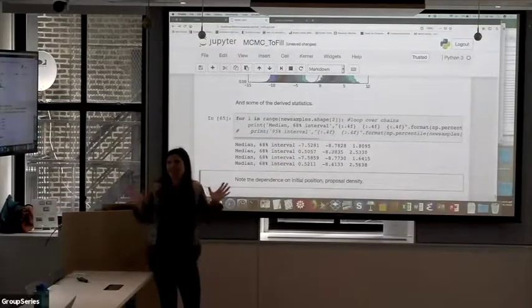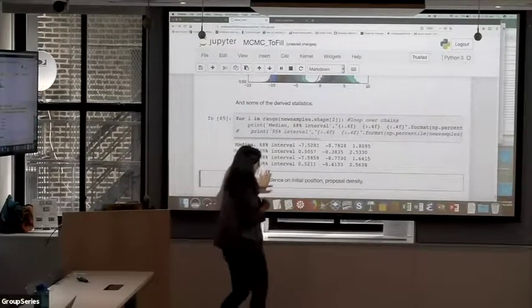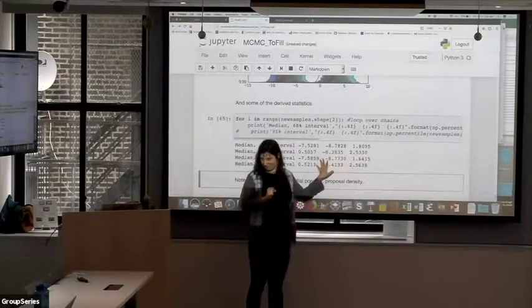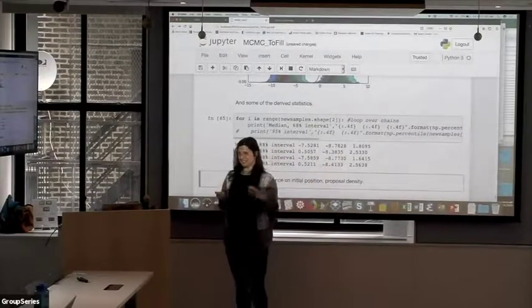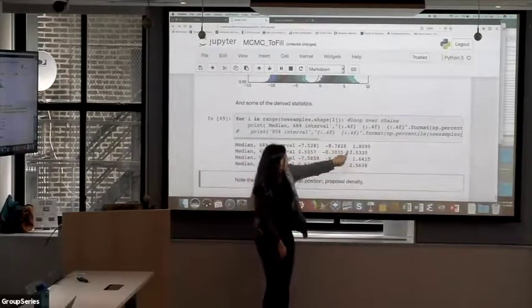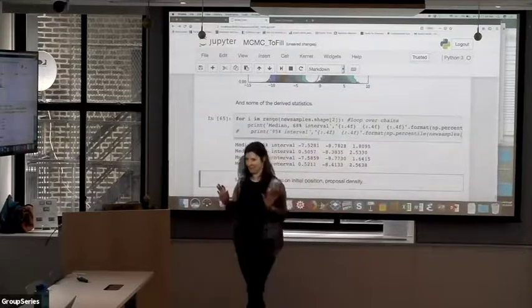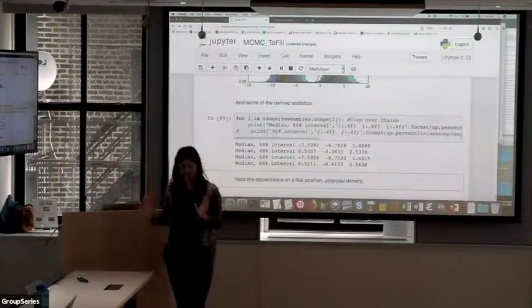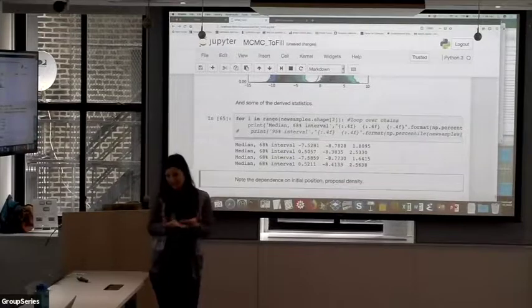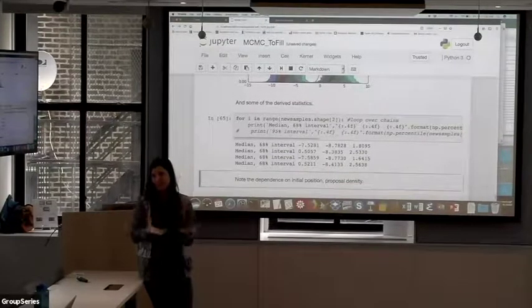If I didn't know what my likelihood looked like, and I'm given these, this is not horrible, because the fact that I'm getting these huge credible intervals tells me, hey, you haven't measured anything. But at least I get a sign that this is a problem that Metropolis-Hastings cannot handle very well.